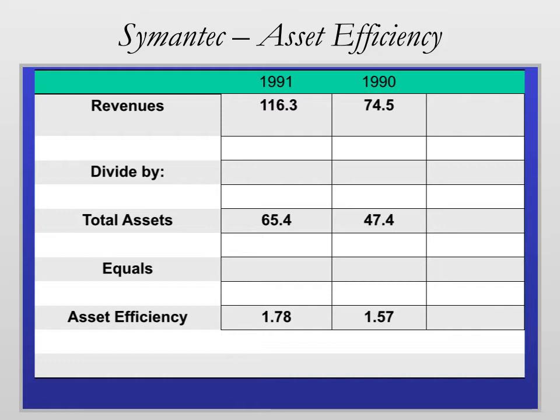This is a case where the higher the ratio, the better. Management actually improved their asset management in relation to their sales growth. So they may have done a little better in controlling the growth in accounts receivable or inventory or other assets in relation to that $42 million increase in revenues.